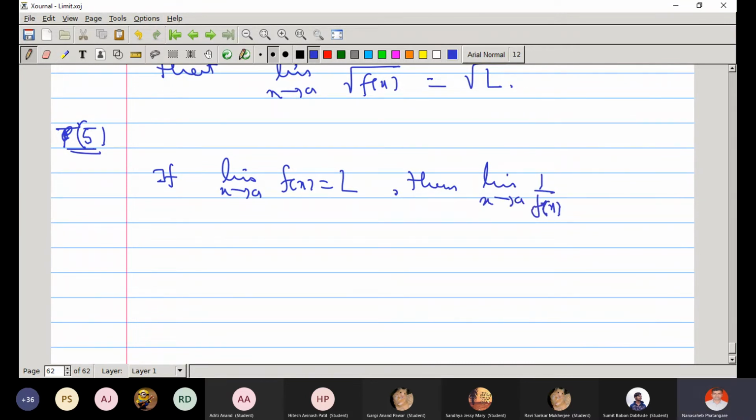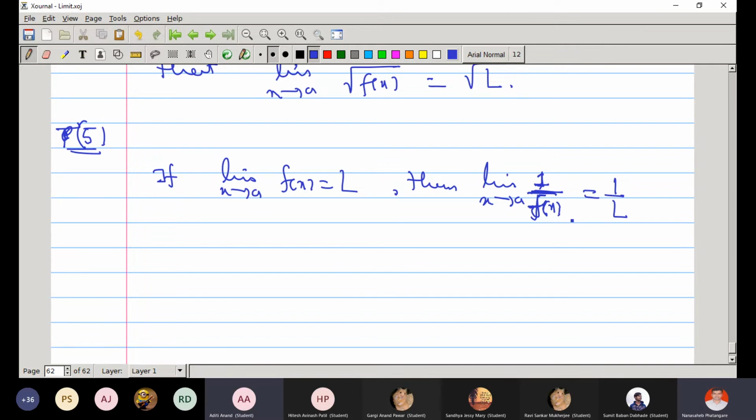What is this? What do you think? What should be this limit? Yes. What should be this limit? So 1 by L. 1 by L.